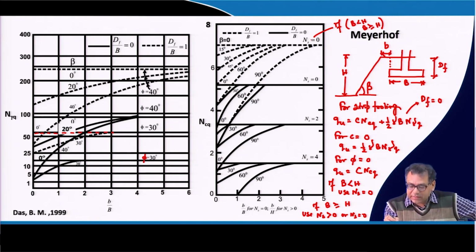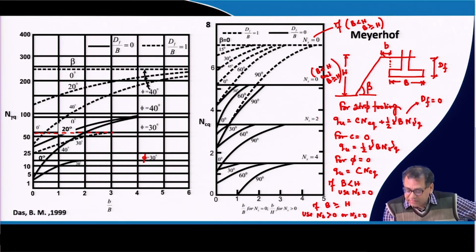So, but this is applicable for df by b equal to 1. Now, if it is df by b equal to 0, then this n equal to 0 you can use for b less than equal to h and b greater than equal to h, both the cases.